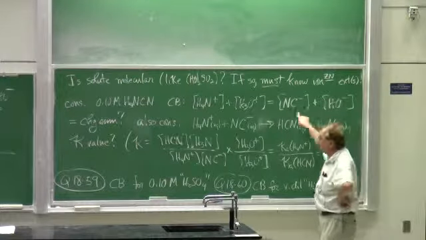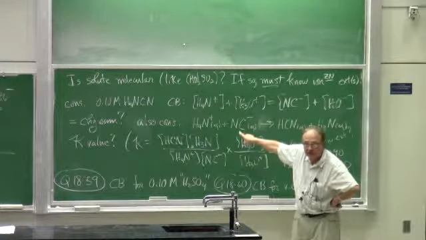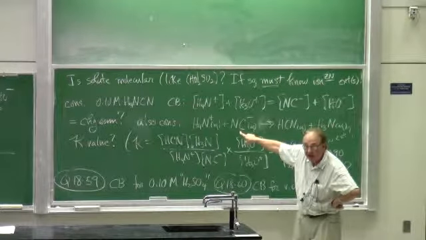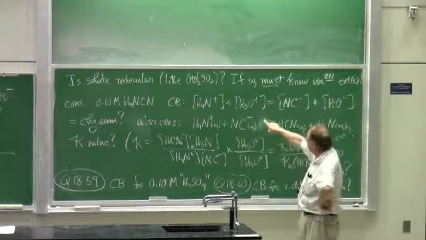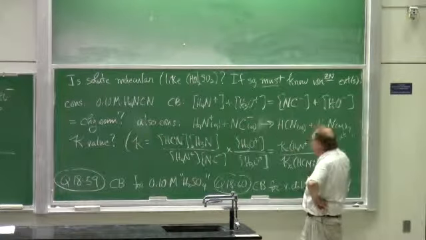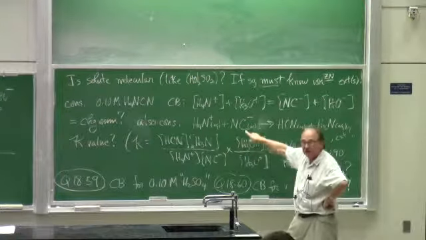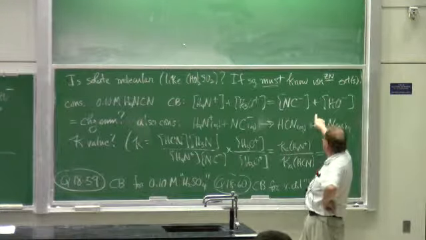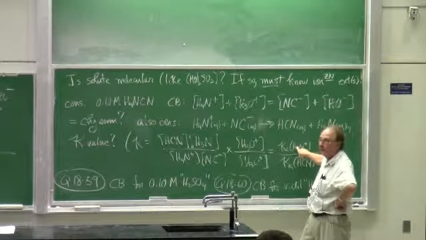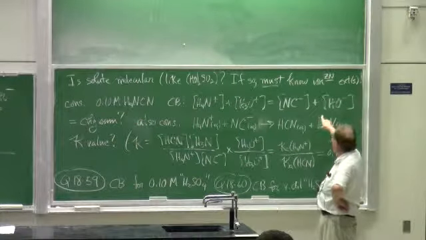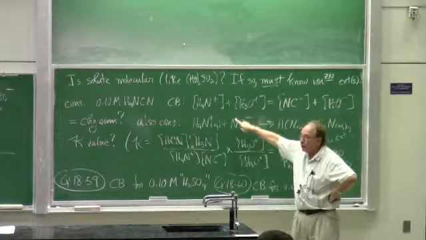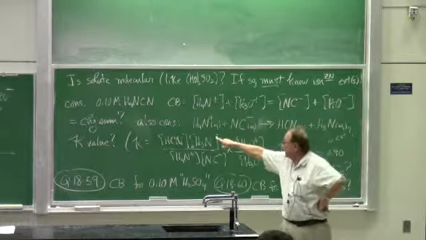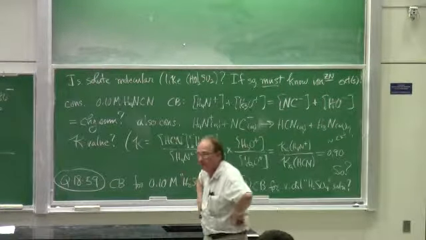Which means for this system, can we legitimately write a charge sum? No! Because this reaction is not only going appreciably, it's converting charged species to uncharged species. So all we can say for sure, without doing further arithmetic, is that the charge sum for this charge balance equation compares how to 0.10?